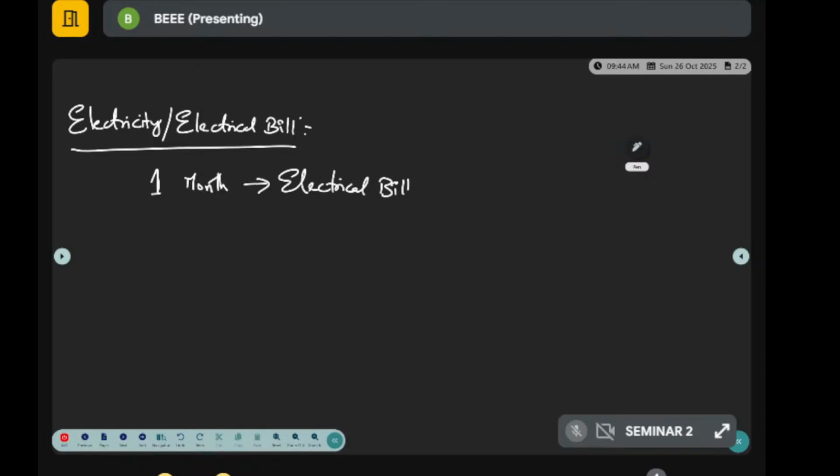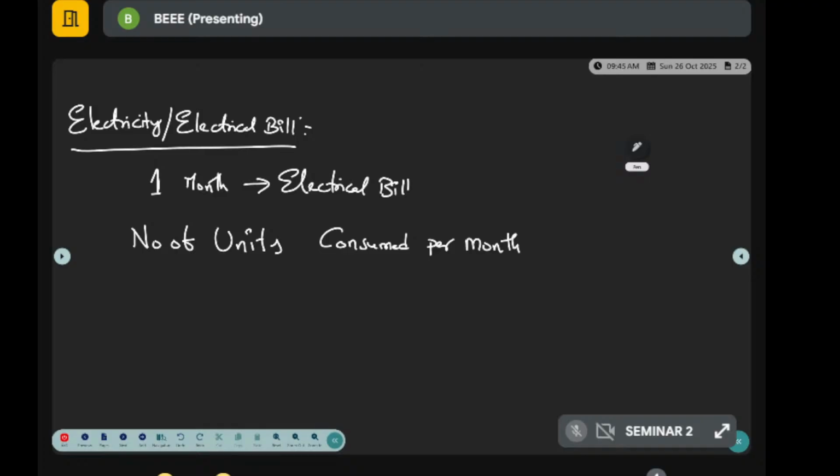If you observe the electrical bill, what does it contain? It contains the number of units consumed per month, and for these units they will charge rupees. So for the number of units consumed by the individual consumer, they will charge the electrical bill for the 1 month.